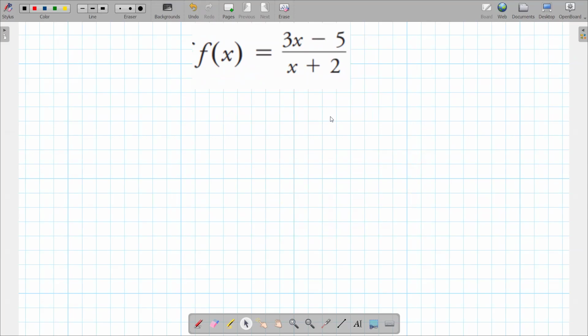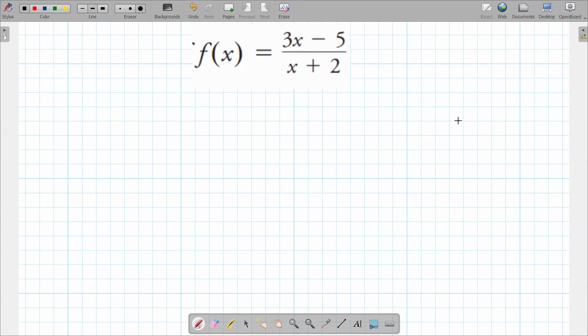Will this have a horizontal asymptote on the x-axis? Right? So now that's something we need to decipher.